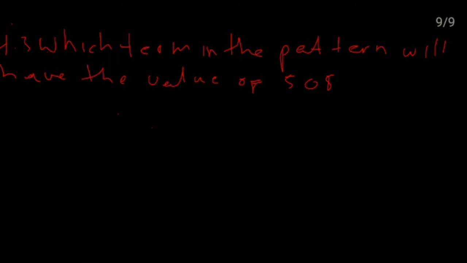Now remember, we have determined our nth term in the pattern, our quadratic pattern, right? And then we ended up with Tn equals 3n squared minus 60n plus 301. We ended up having this, right?